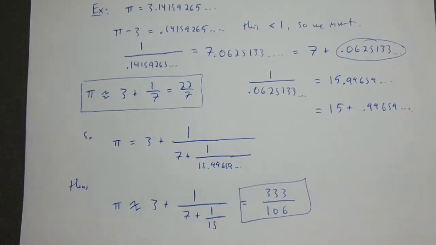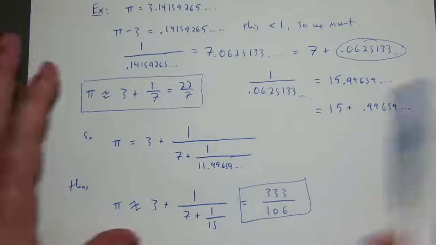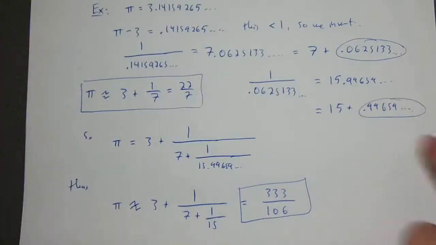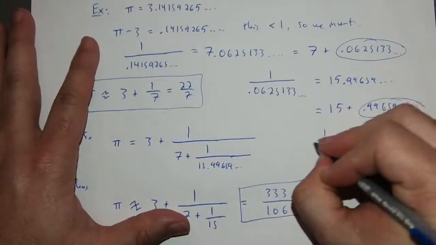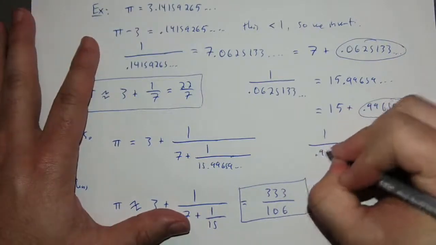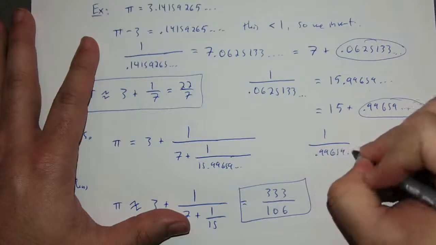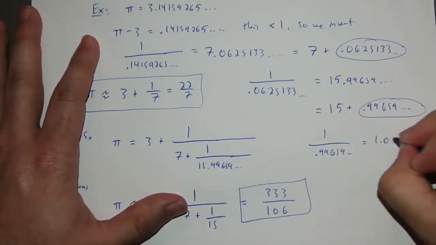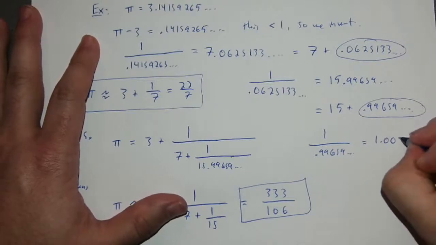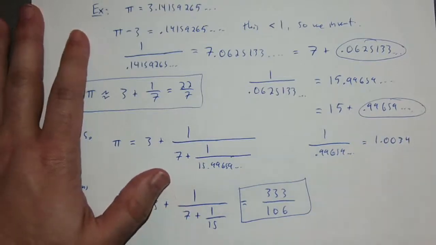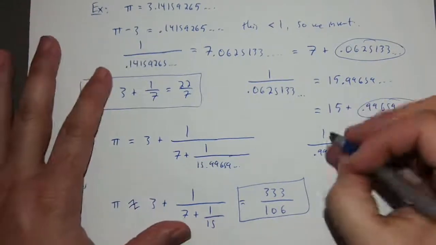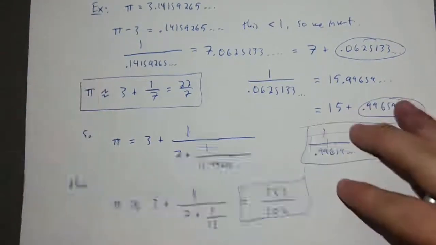Okay, but let's go one step further here by wanting to find the next continued fraction term for this. So it turns out that 1 over 0.99659 and so on is very close to 1, it's 1.0034, right? And so using this, what I get is the following.